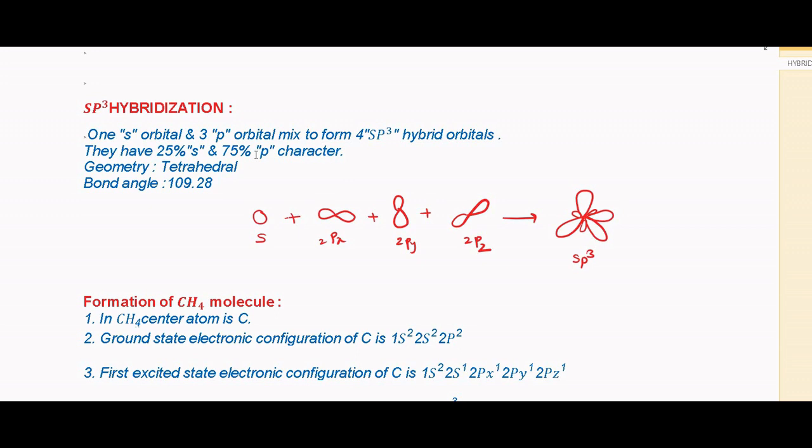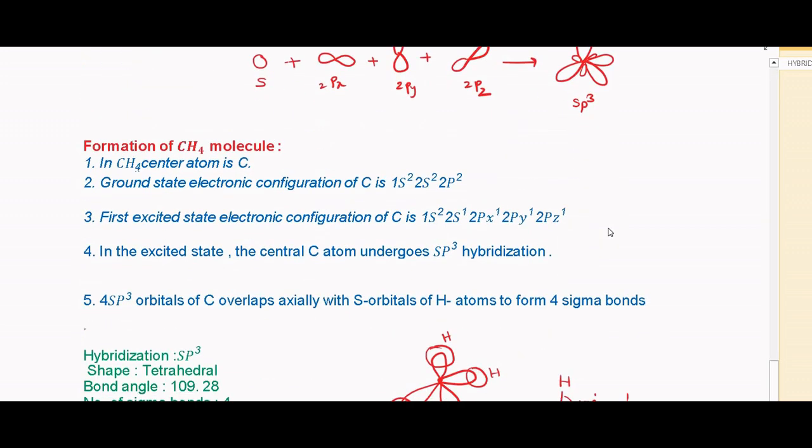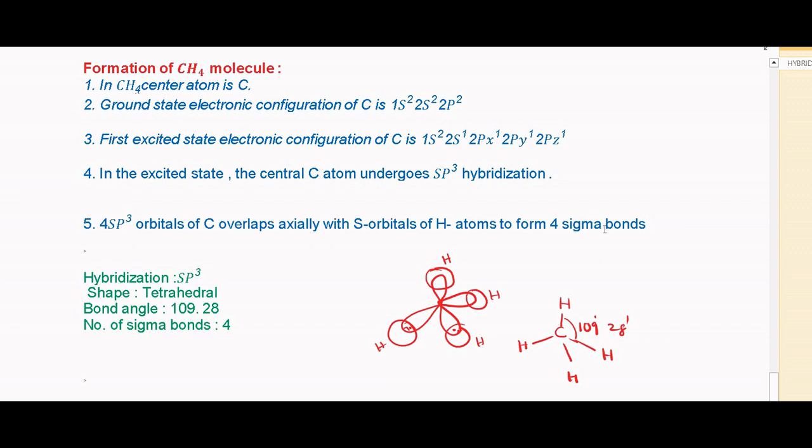Formation of the methane molecule. In the methane molecule, the central atom is carbon. The ground state electron configuration of carbon is 1s2, 2s2, 2p2. In the first excited state, what happened? This is the 1s2, this is the 2s, and this is the 2p.